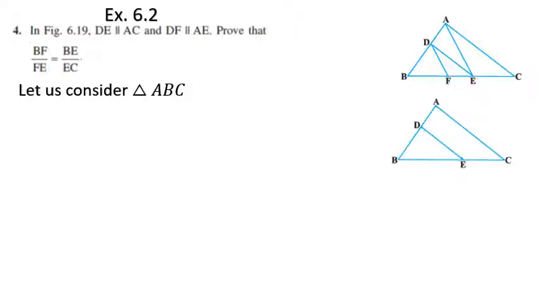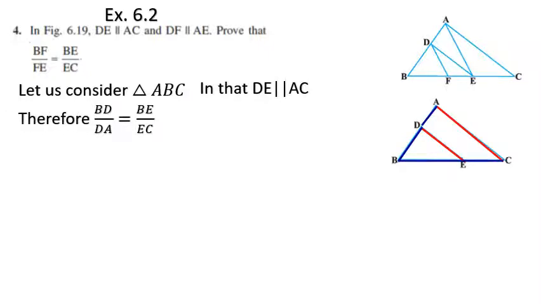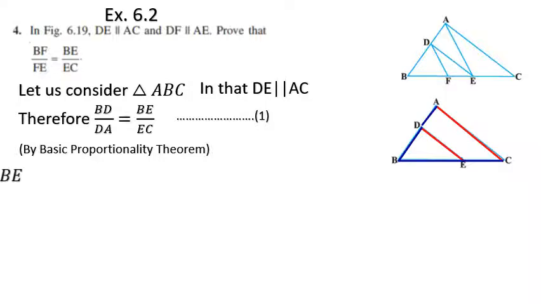In that, DE parallel AC, so we can say BD by DA is equal to BE by EC. It's due to the basic proportionality theorem, and let us call it equation 1.